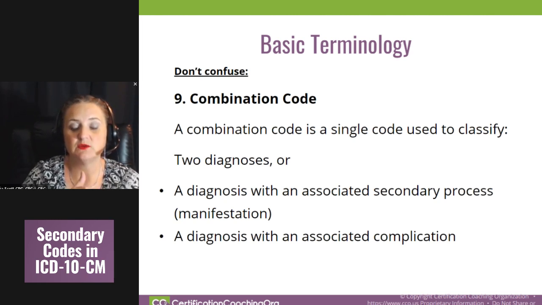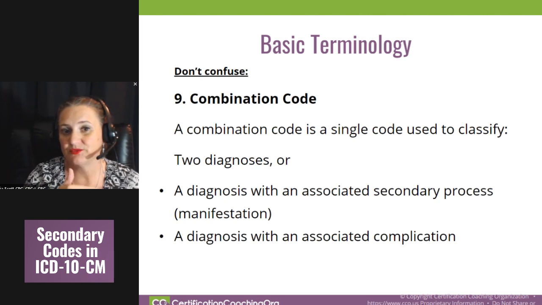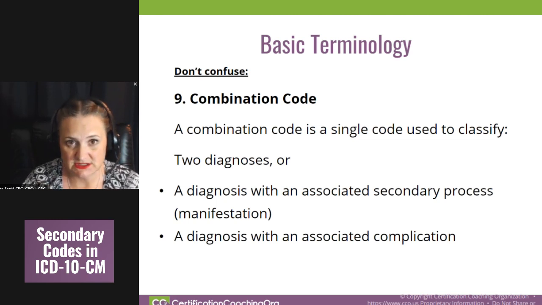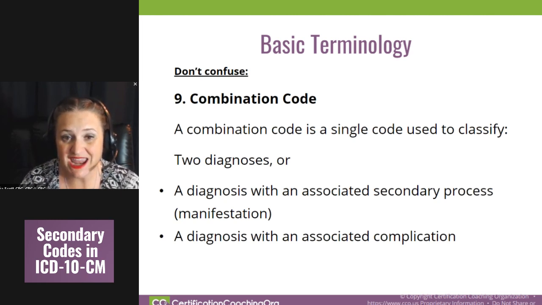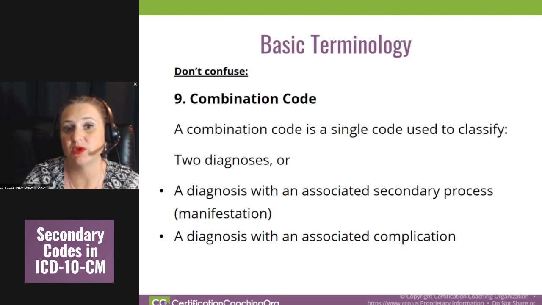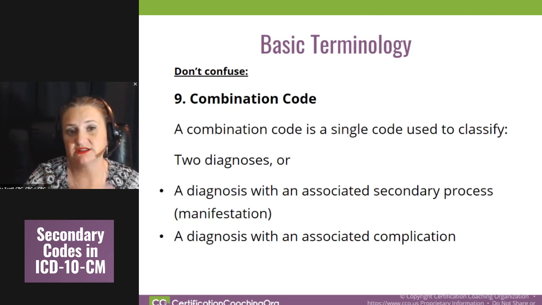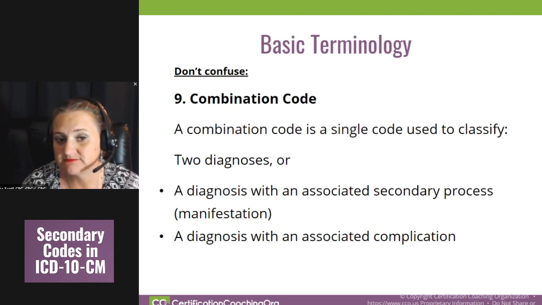Okay, you will code not your regular I10 code for hypertension. It's a different code, and then it tells you, in addition, to code what stage of CKD they have, like N18.3. Okay, so that's kind of how a combination code works. You may have one code that tells the story of two codes.